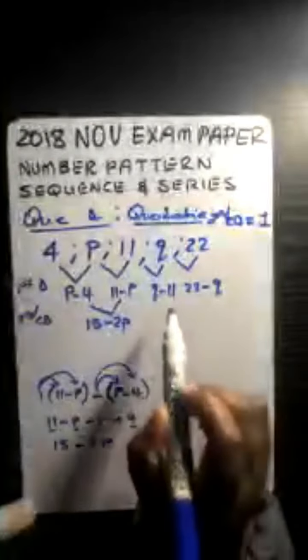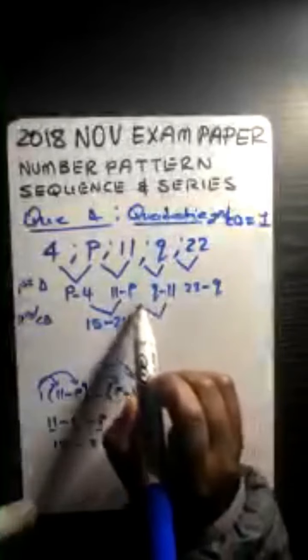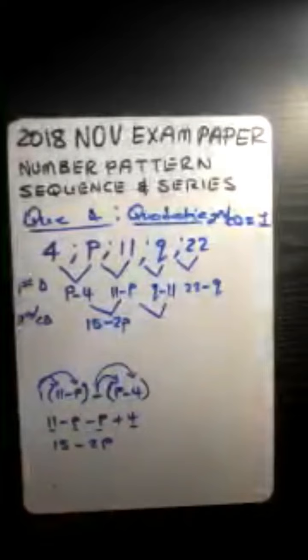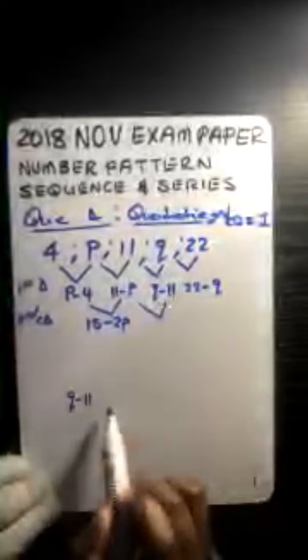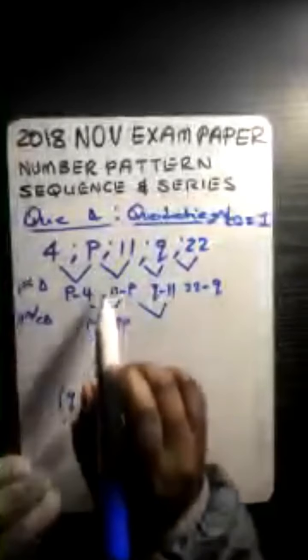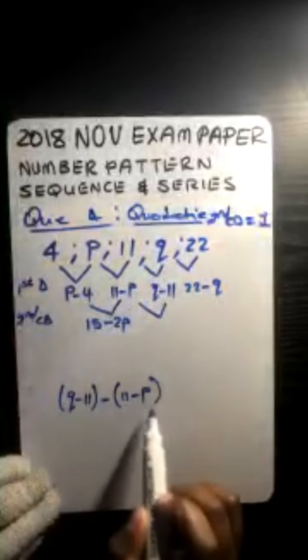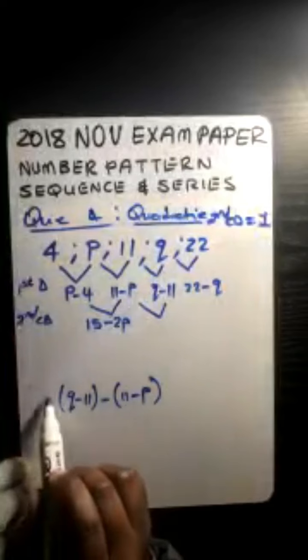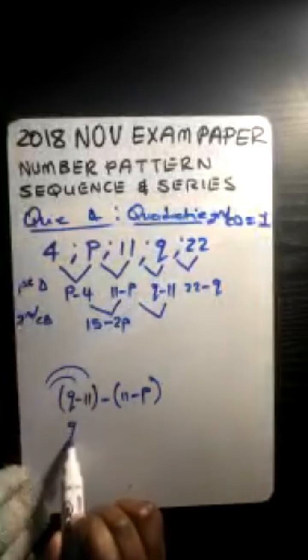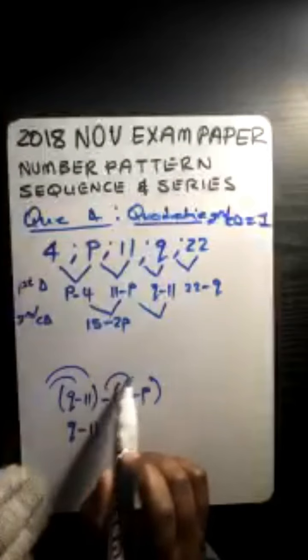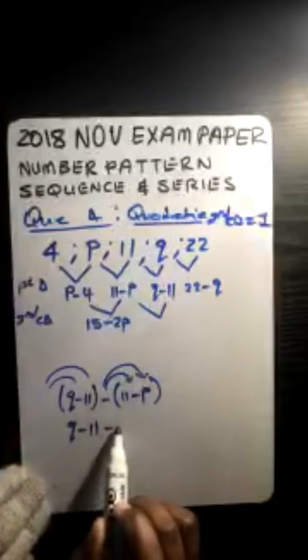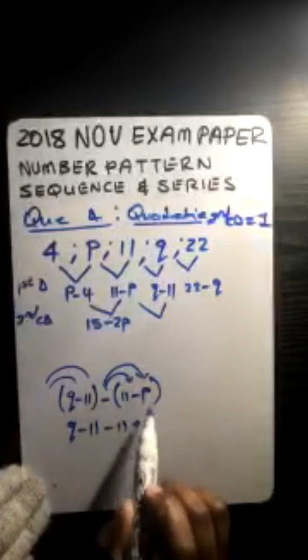Then you do the same for this one. On the side, you can still work it out, ladies and gentlemen. Remember, I haven't even looked at the first question, but I know that when you say q minus 11 inside the bracket and you subtract, it's minus into 11 minus p. An invisible negative 1, then you have negative 11, and that one is a plus p.